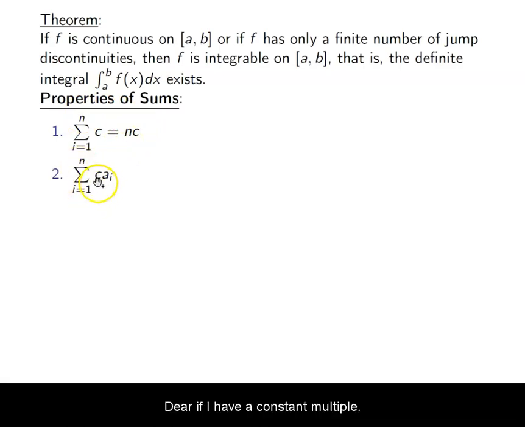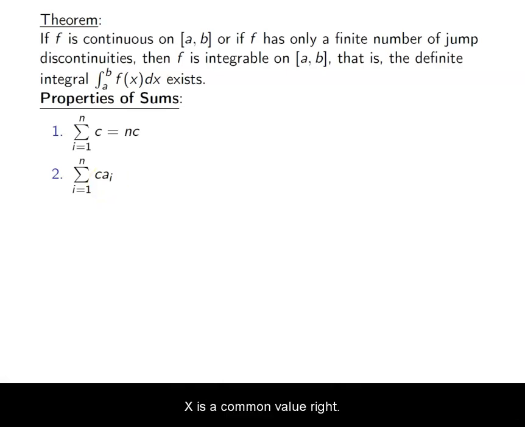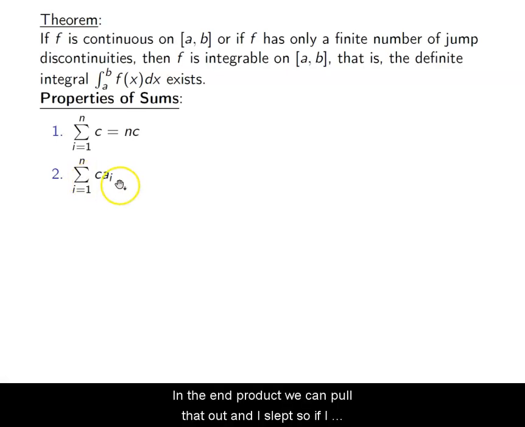Here, if I have a constant multiple of some sort of a function on the inside, then you can pull out that common constant multiple. We saw that in the last section with our delta x, right? Our delta x is a common value, the size of the base of all of our rectangles, and so in the end product we can pull that out in our sums.